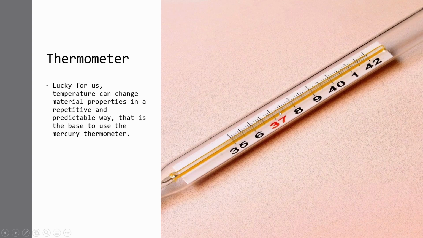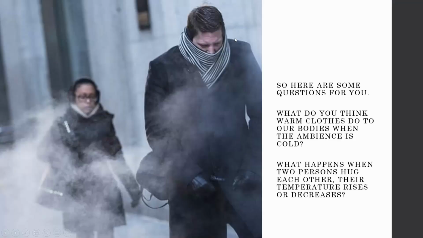To measure temperature we need the thermometer, and we have properties that change with temperature, and they are predictable and repetitive, so we can use them to measure temperature, and we call those thermometers. Luckily for us, the thermometer uses a material called mercury, and the mercury acts repetitively and predictably in some sort. So we can take a scale, and start measuring.